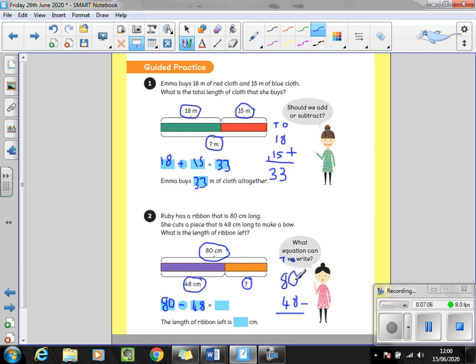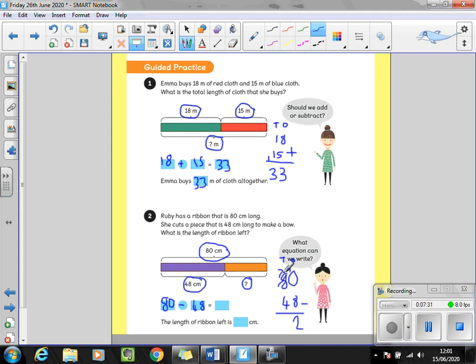Now that's not possible because I've got nothing to start with. So we're going to exchange a 10 from the tens column. So that now becomes 7 tens. And we're going to rename that ones as a 10. So we've now got 10 take away 8, which of course we can do. The answer is 2.